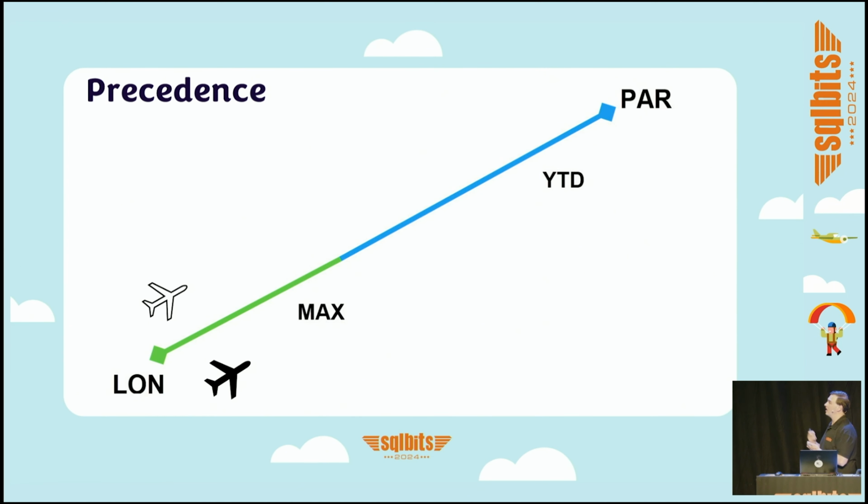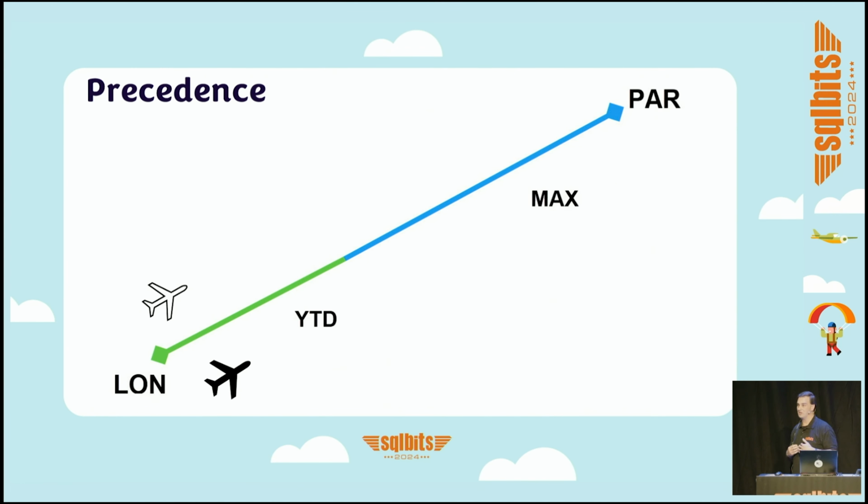Going back to the flight path, do we apply max on the first part of our journey and then look at year to date? Or is it year to date and then we look at max? Just looking at this, and not looking at any code and not testing, it's not intuitive. How would I know?